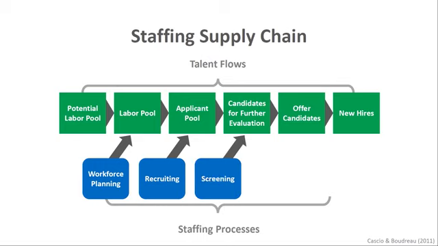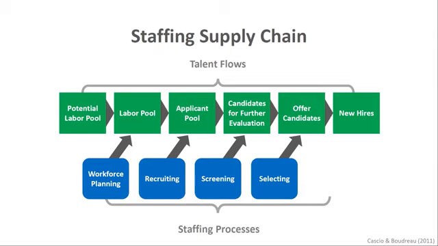Now, screening, which is part of the selection process, is where we take those people that have applied for a position or job vacancy, and then we determine which people meet the minimum qualifications, for example, and then we evaluate those people who have made it through the screening process with perhaps some more robust selection tools that we might deploy. And this is where selecting or selection comes into play.